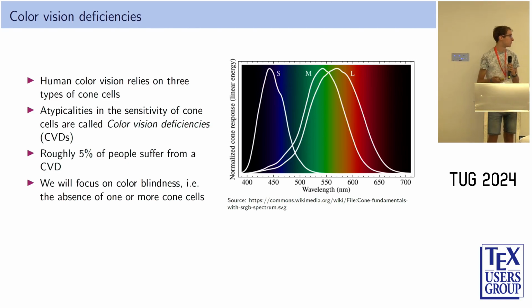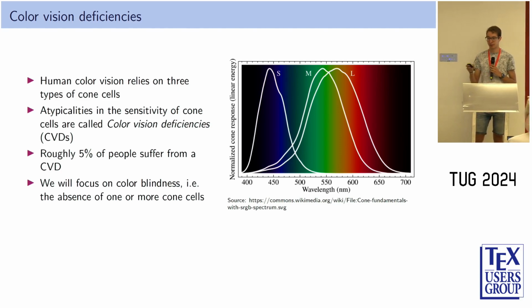And for this talk, we will only focus on total color blindness, which means that one of the cone cells, so the short, medium, or long wavelength cone cells, is completely missing, which means that your brain only has 2 numbers to interpret to get to a color instead of 3, which naturally makes it more difficult to distinguish colors.